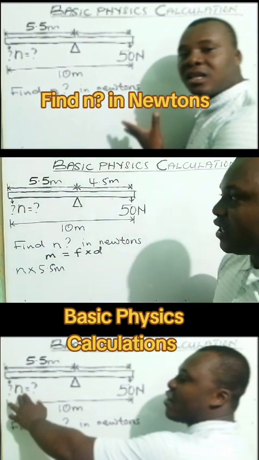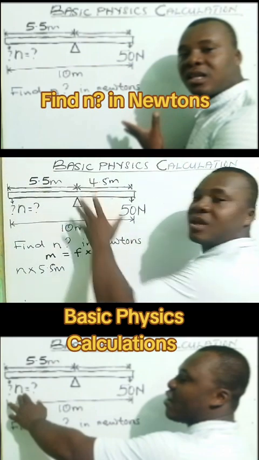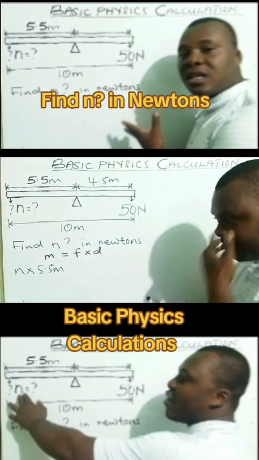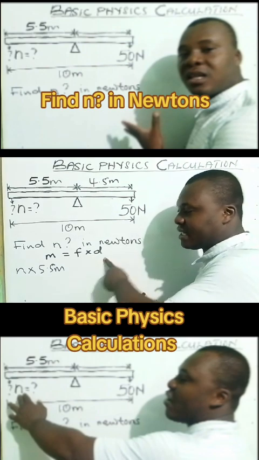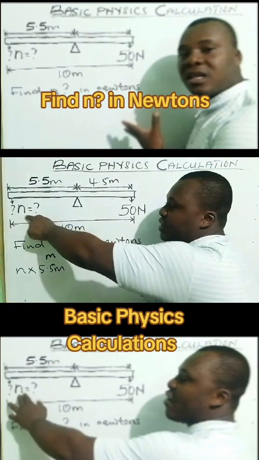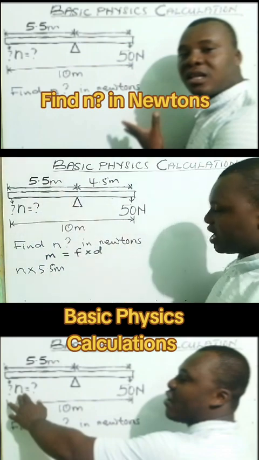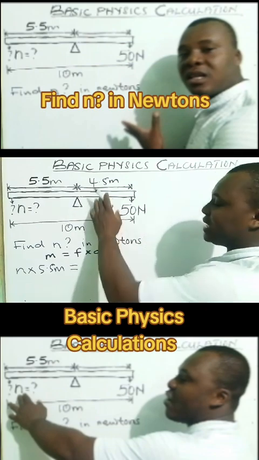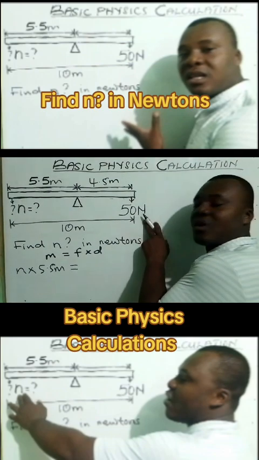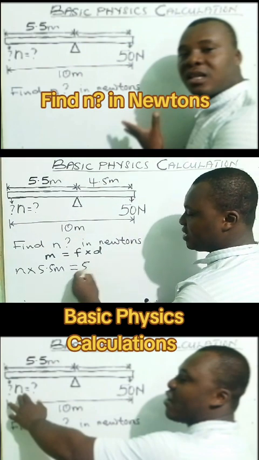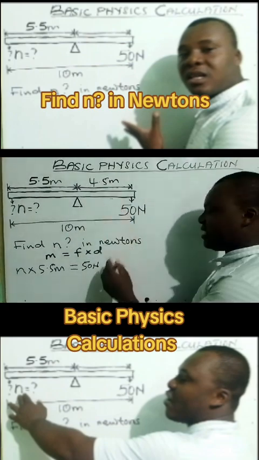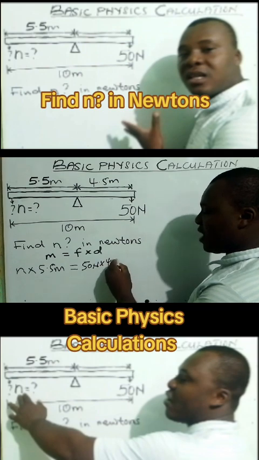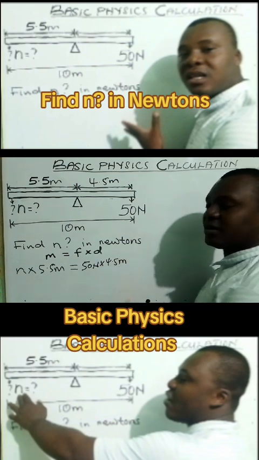I hope you get it. The force here is the same as the force here. Since force moment is equal to force times distance, this force, which is unknown, times this distance, equals this other force, 50 Newton, multiplied by this distance here, 4.5 meters.